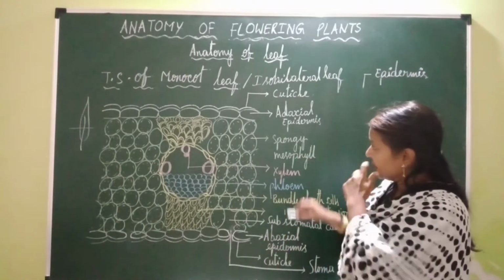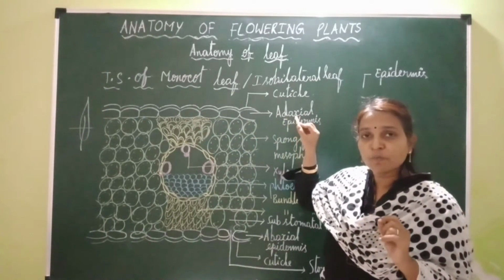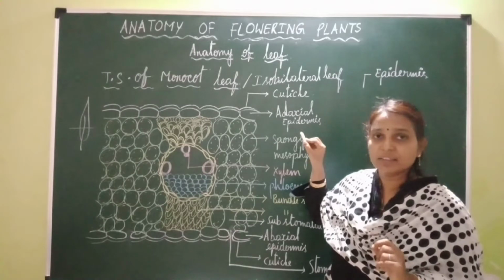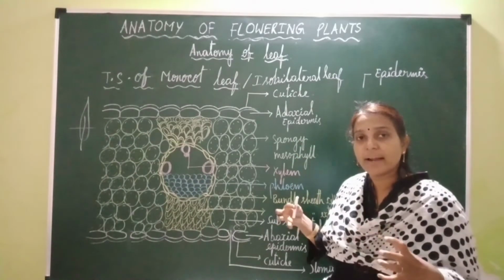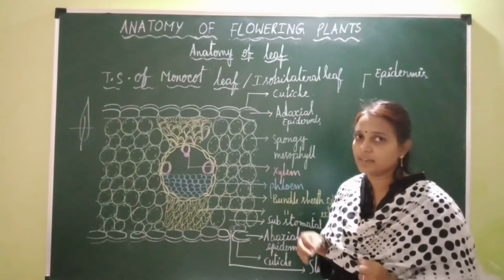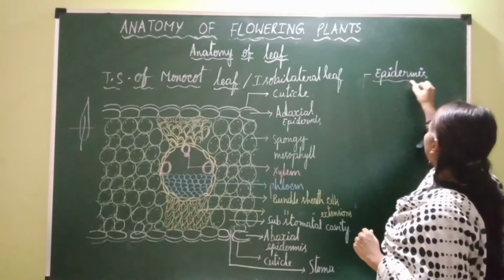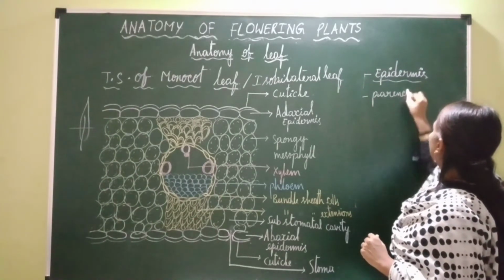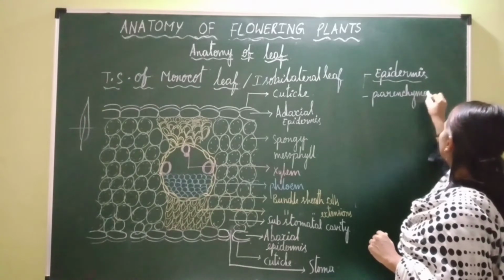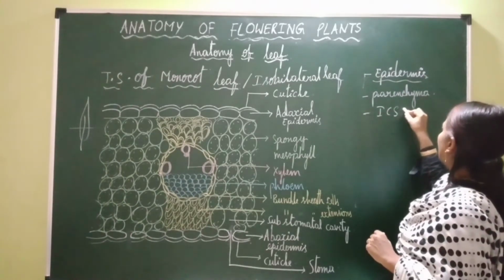Now this epidermis is single layered and made up of thin-walled parenchymatous cells, which are compactly arranged without any intercellular spaces. So intercellular spaces are absent, right?